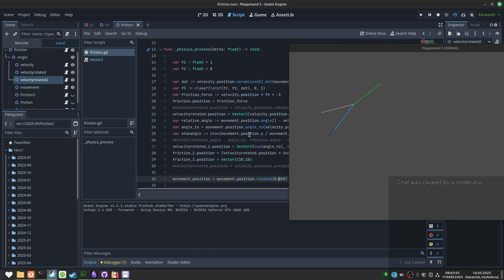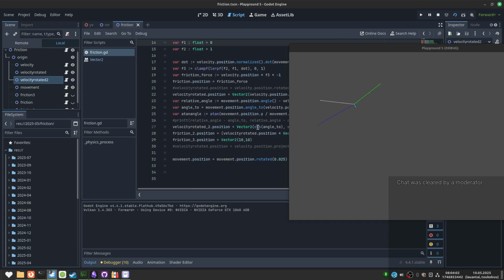So this is just getting the component that's going the direction of the movement. And this is the one that's getting the opposite one. Does it make sense? Yes, it does.